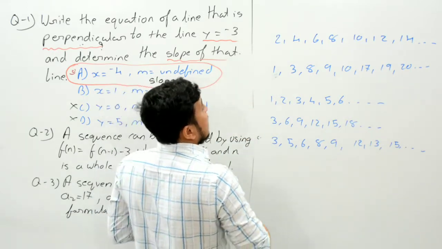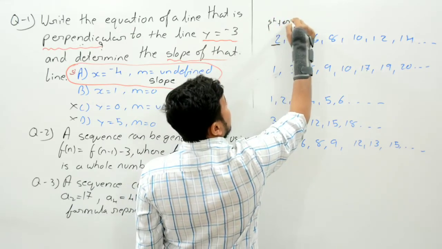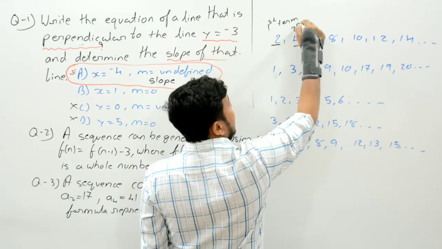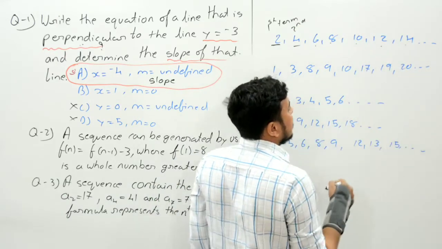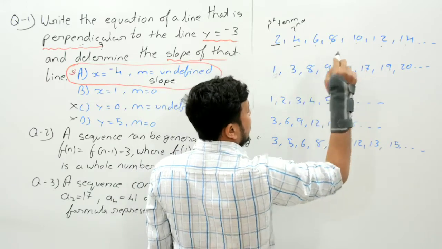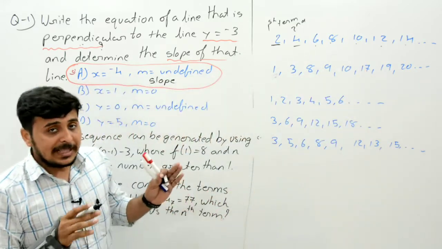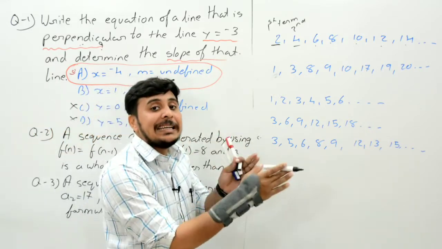So the first one is known as the first term, the second one as the second term, third term, fourth term, fifth term, sixth term, seventh term. See, is there any sequence, any perfect order in which they are increasing?